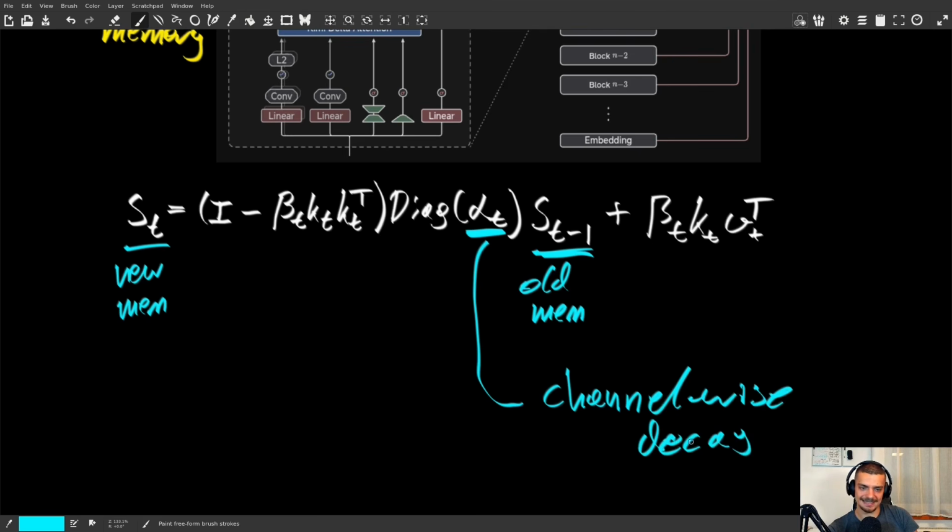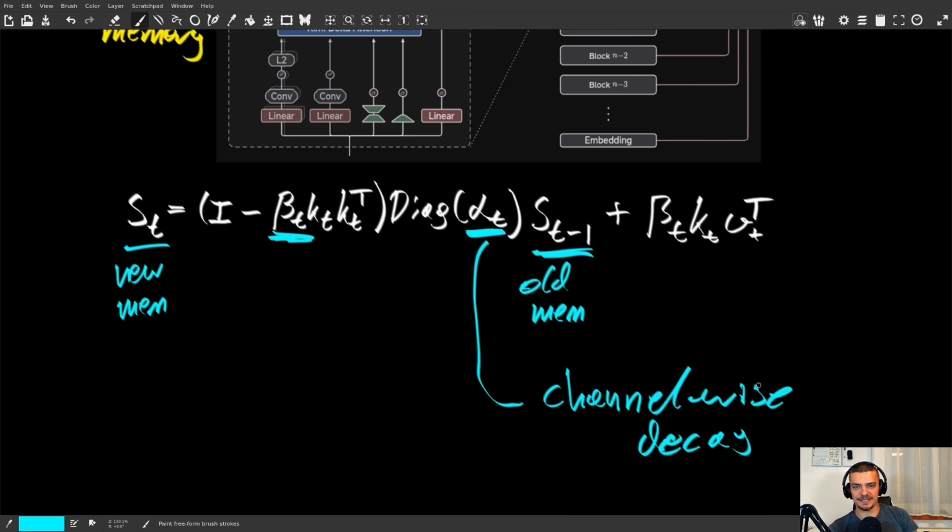So the idea is that alpha_t and beta_t are both determined by input. There is a learned transformation that takes the token input and turns it into alpha_t, which is a vector, and beta_t, which is a number. And these two variables determine how much we forget and what we forget.